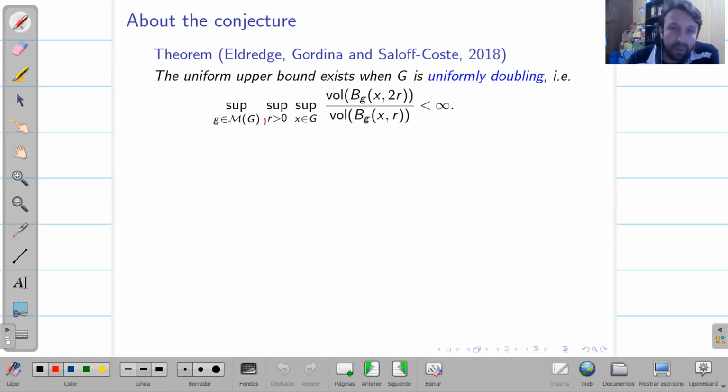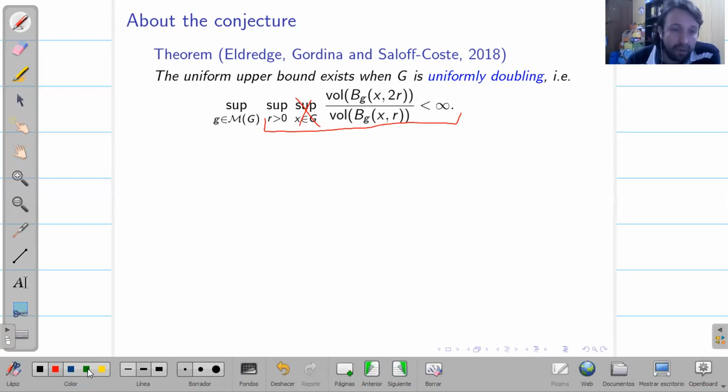In general, volume doubling means this: this is the volume of the ball centered at x of radius 2r, and here r. The important thing is whether this is bounded from above. Now, we are in a homogeneous case, so it doesn't matter which x, this is not important. And something else is that this is important for r very small, because for r sufficiently large, these balls cover the whole space G because it's compact, so this is constant. So this is important for r small.